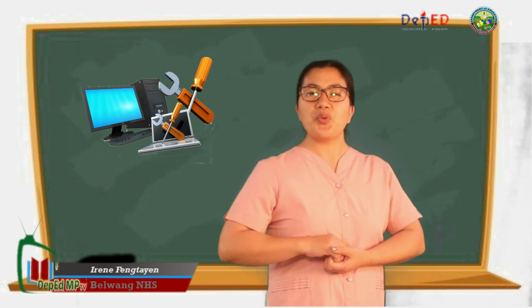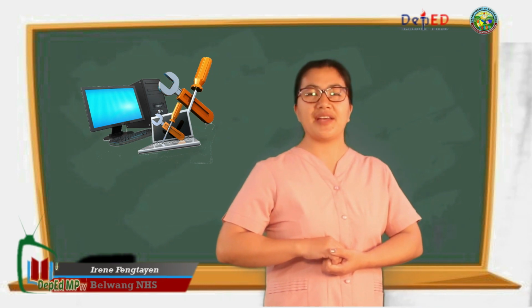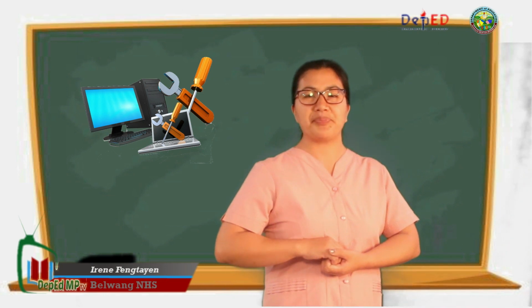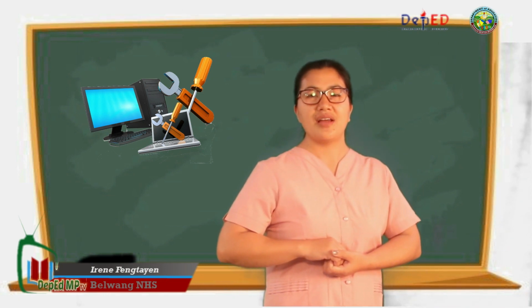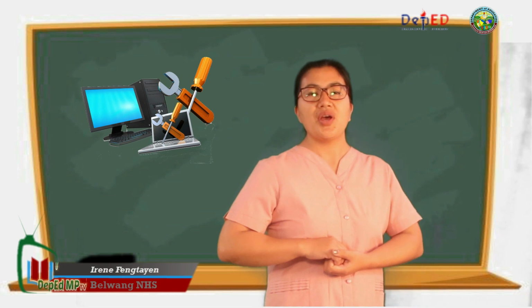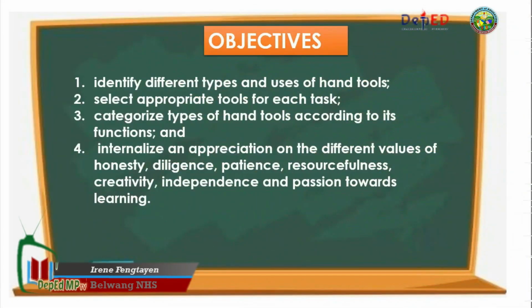This lesson will help you to identify and select different types and uses of hand tools in computer system servicing. After this lesson, you are expected to first, identify different types and uses of hand tools. Second, select appropriate tools for each task.